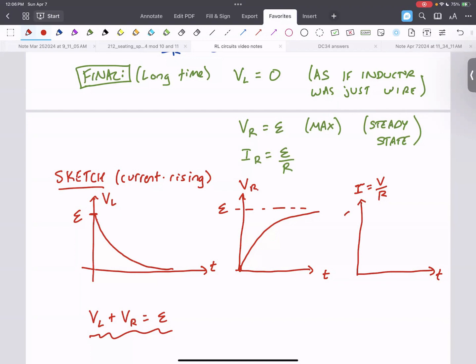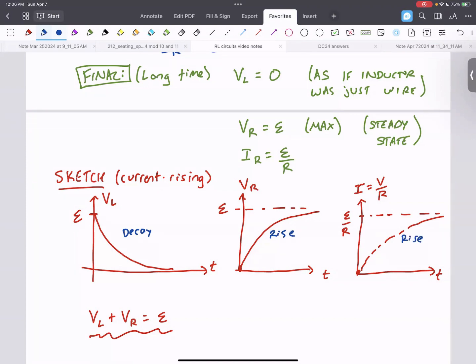That's why this is the current rising step. It starts at zero and it'll move up and exponentially rise to EMF over R as our final value. So just like we did with RC circuits, we look to see whether it's a rise or a decay. So this is a decay, this is a rise, and this is a rise.